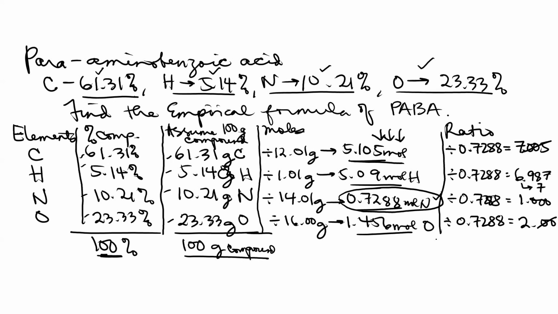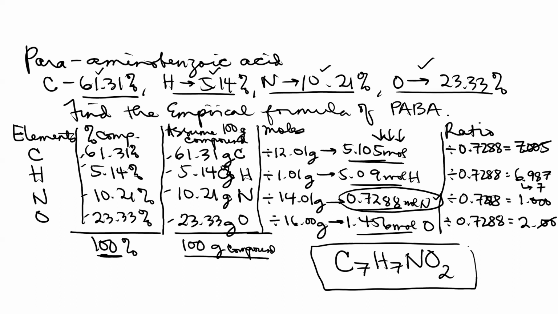So that gives us the chemical formula of para-aminobenzoic acid to be C7H7NO2.